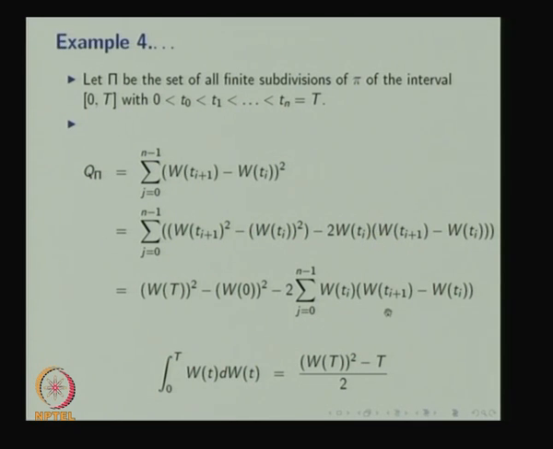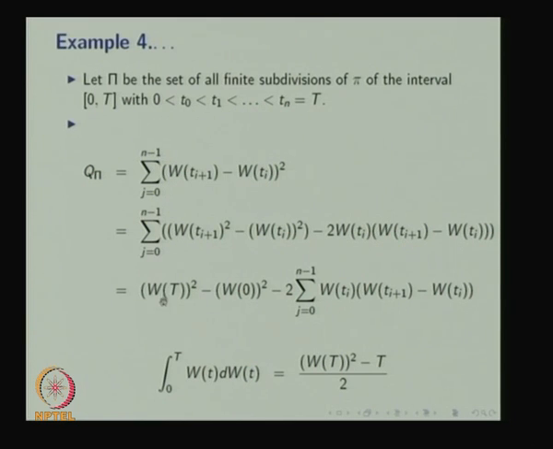Now apply the limit as n tends to infinity in this equation. The left hand side becomes capital T, and the right hand side becomes W_T squared minus W_0 squared. You know that W_0 is 0 for a standard Brownian motion.